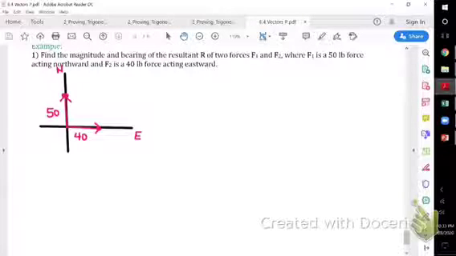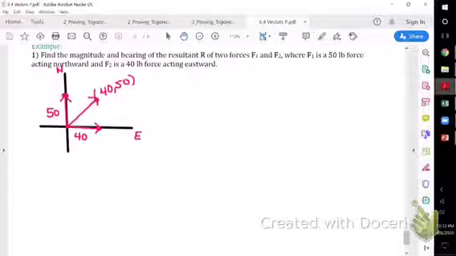When I put these two together, they're going to have the ordered pair 40, 50, and so our resultant vector is going to be right here.